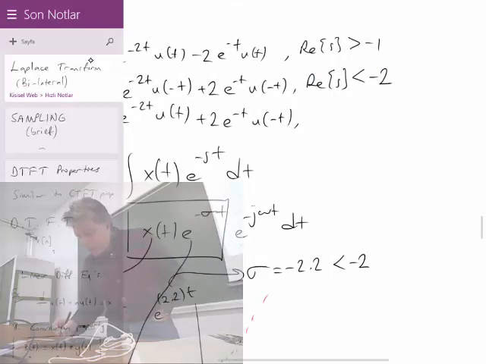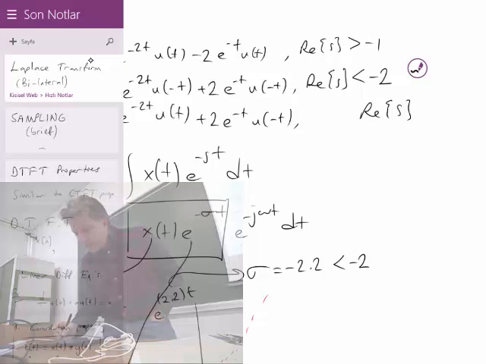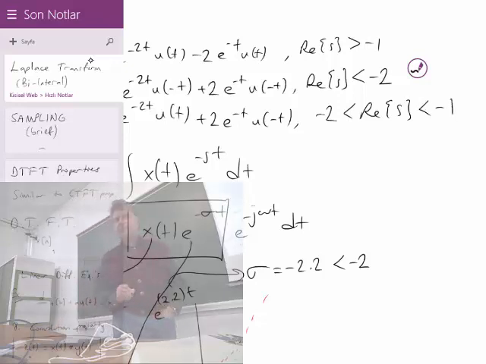And the region of convergence is as follows: real part of s is greater than minus 2 and less than minus 1. Okay, so this is the region of convergence, and as you see, it's a stripe between minus 2 and minus 1.